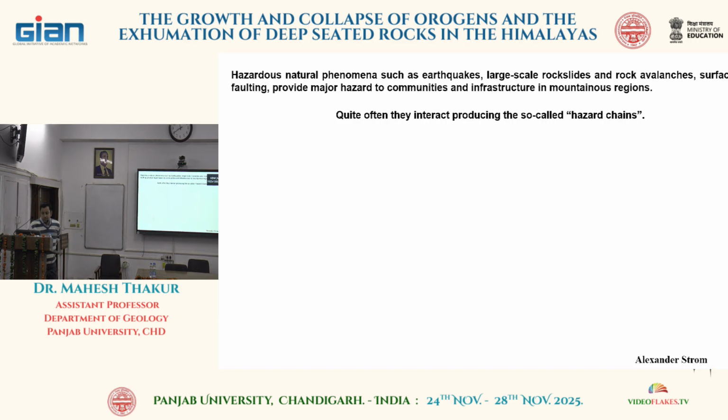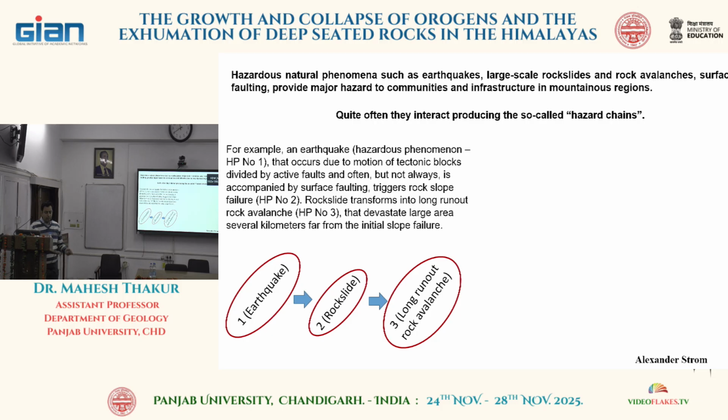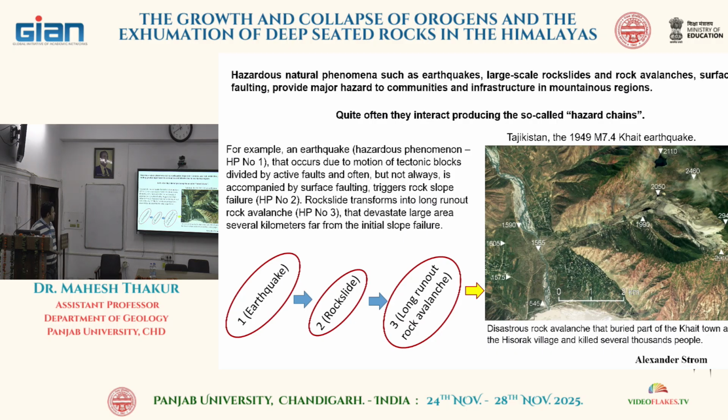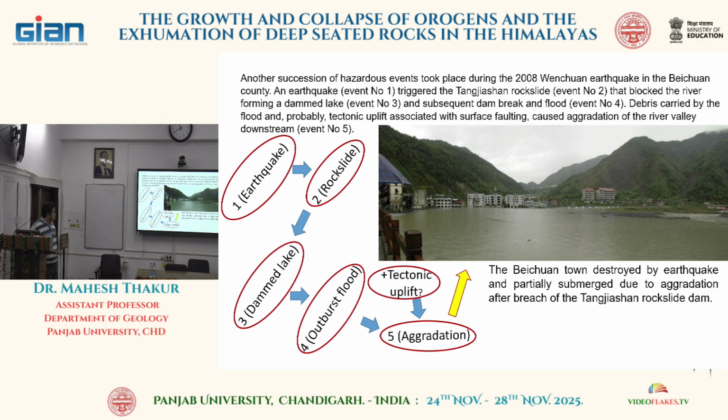And sometimes we can have earthquakes, and an earthquake can cause a rock slide, and that can again cause a long runout, you know. In 2008, in the Wenchuan earthquake in China, the earthquake caused a rock slide that formed a dammed lake, and because of that, you have an outburst flood and then aggradation.